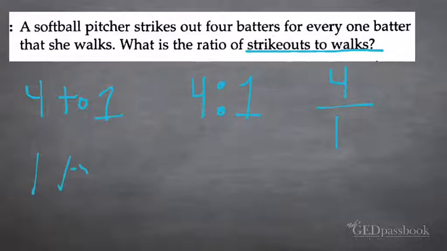It's 1 to 4. 1:4 and 1 over 4. Right? So it's always important to look at the final question of what exactly they're asking for. So that we get the overall idea of what ratios are, right?